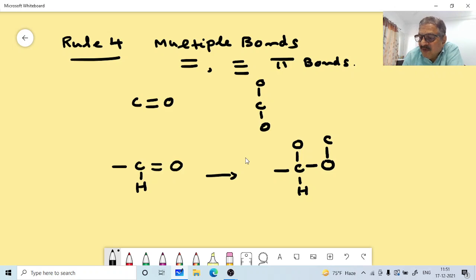Each atom in the double bond is drawn twice. Correct? Now, this oxygen atom is also bonded to a carbon atom by a double bond. Therefore, this is to be considered an oxygen atom bonded to two carbon atoms here. Okay, like this we will have to do it. Each atom in the double bond is drawn twice.